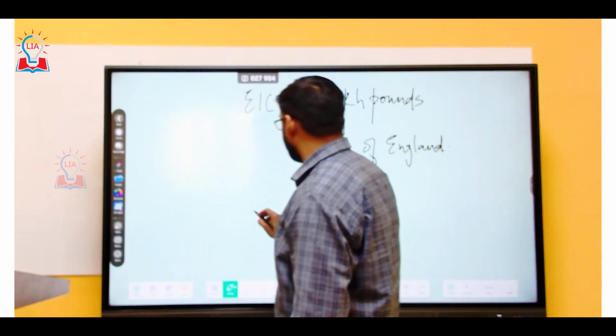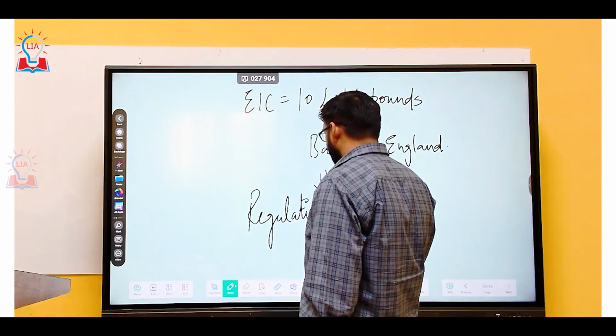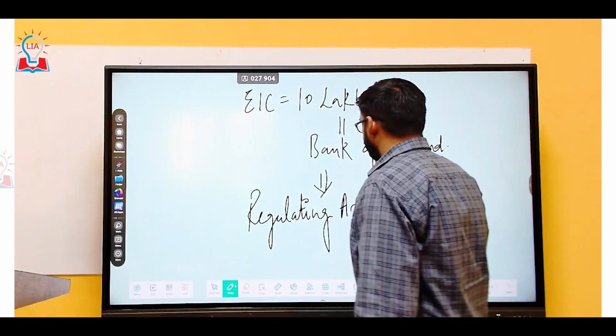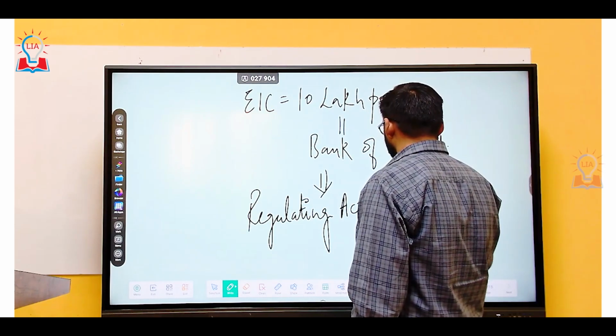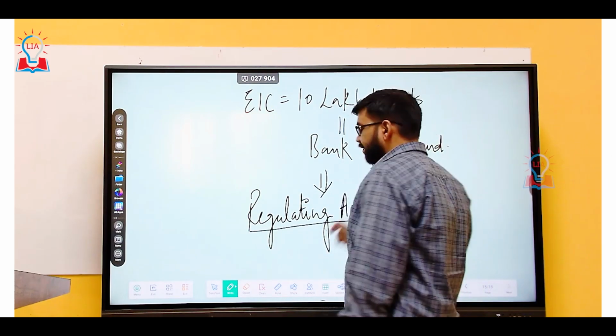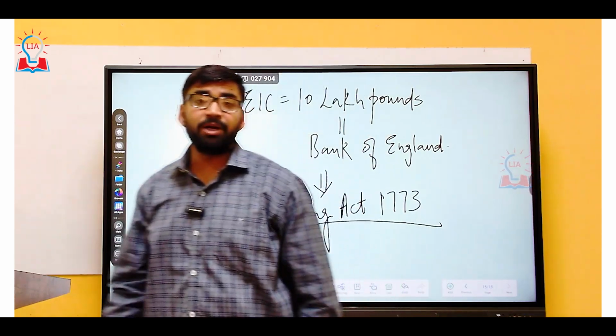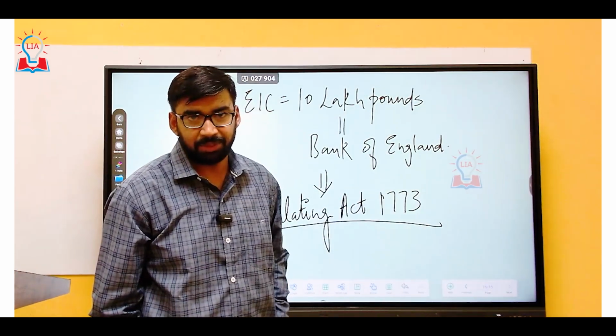That is why the Regulating Act came in 1773. Now the British Parliament will regulate East India Company.